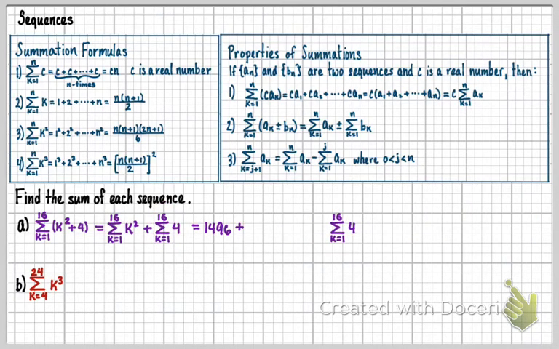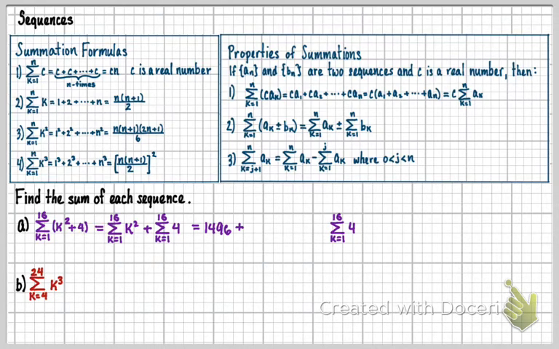So now the summation from k equals 1 to 16 of 4 here is going to use this first summation formula. So my k is 1, k is 1. Remember, those all have to match up here. Okay, so then we also have a number here, and that's another thing we see.